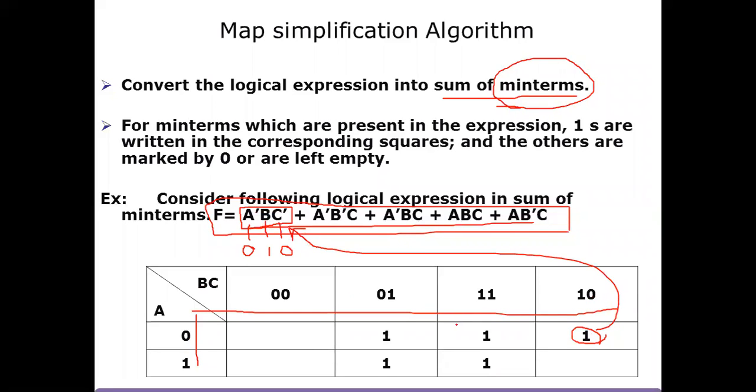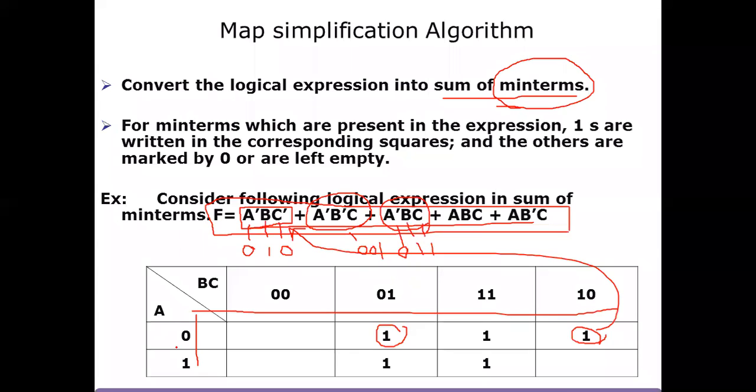Okay. The second term, A dash, B dash, C. What are the corresponding values? 0, 0, 1. So we get 1 here, which corresponds to A dash, B dash, C. And A dash, B, C: A dash corresponds to 0, B is 1, C is 1.